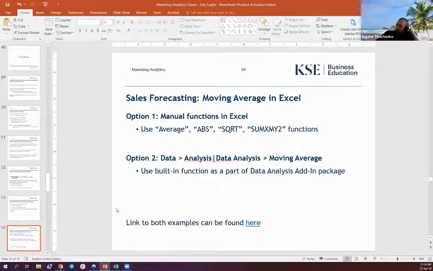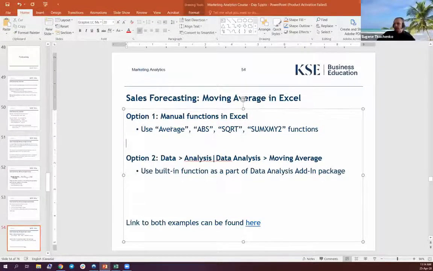So some ways you can do it in Excel. There are sets of manual functions you can consider as a moving average replacement, basically just using the average function, similar to what I was showing you in the example yesterday.